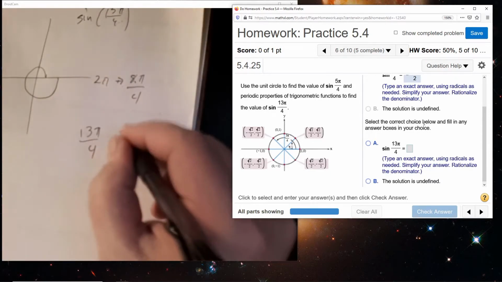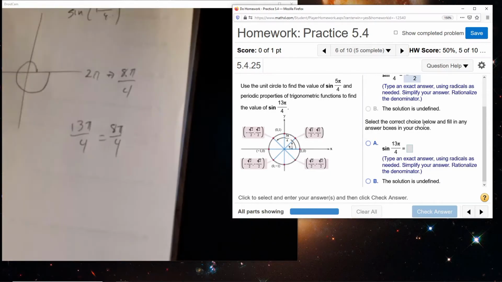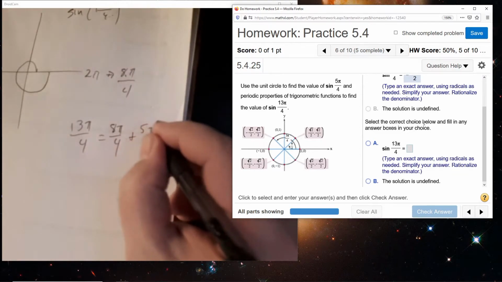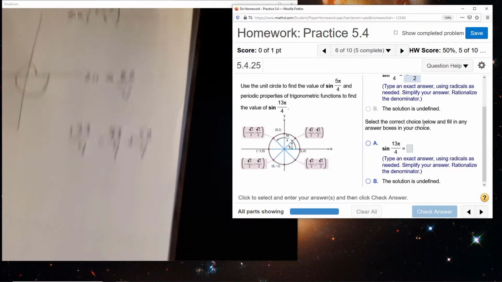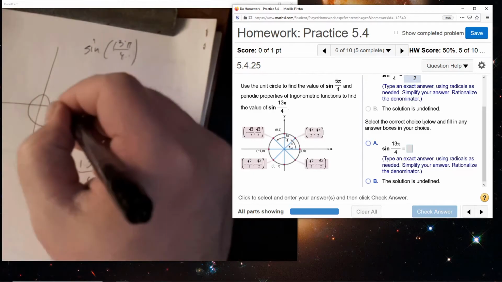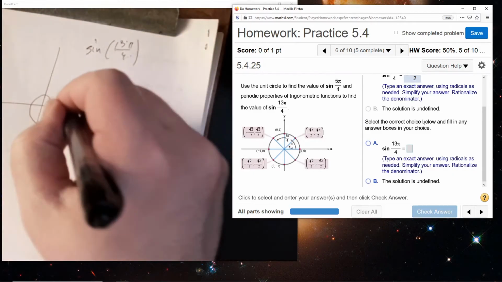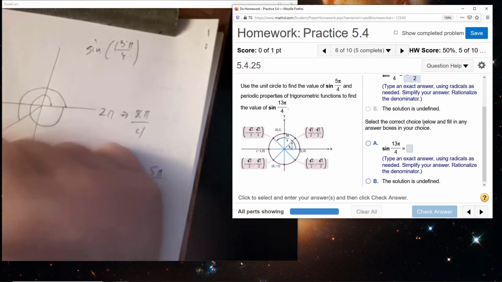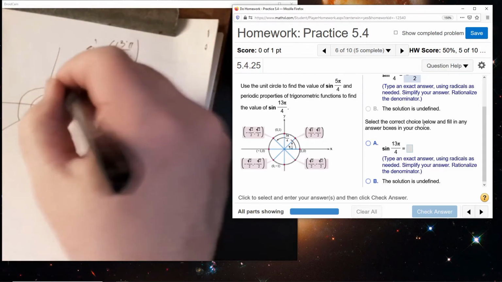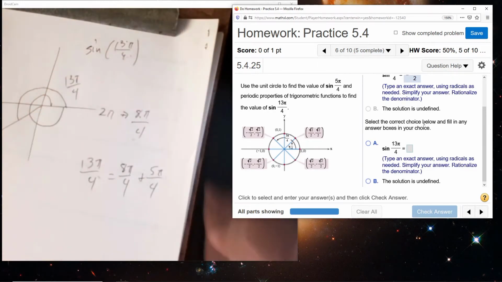So we're going one full revolution, and then that leaves 5 pi over 4 left over. And we just figured out 5 pi over 4 was in the third quadrant. And so there is our angle of 13 pi over 4.